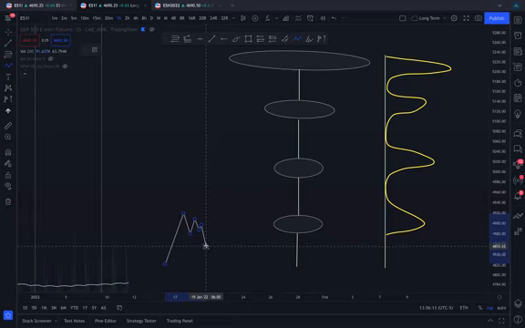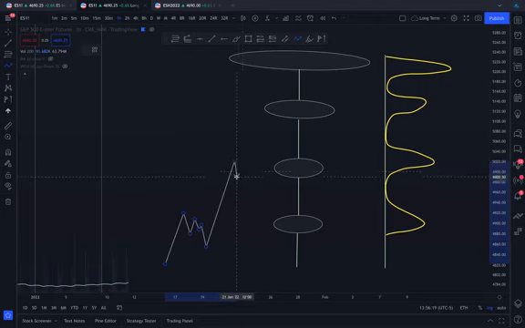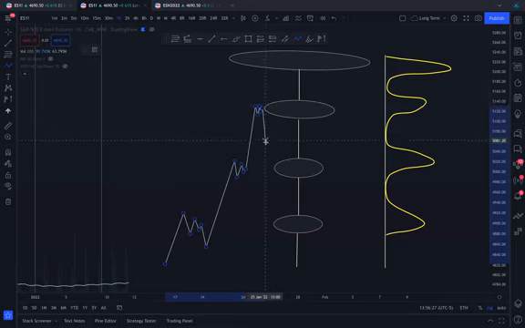Like I said, it might test a lower liquidity pocket before eventually continuing up, hitting those limit orders, churning around, continuing up, hitting limit orders. I'm running out of space here. Again, it might come down and test the top of this and then continue up again. Okay.